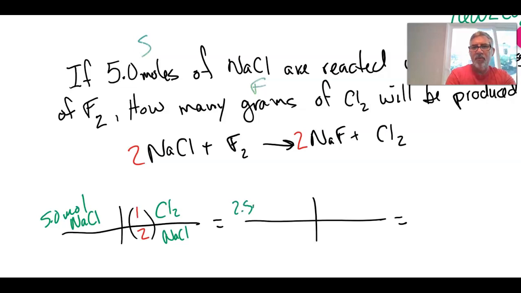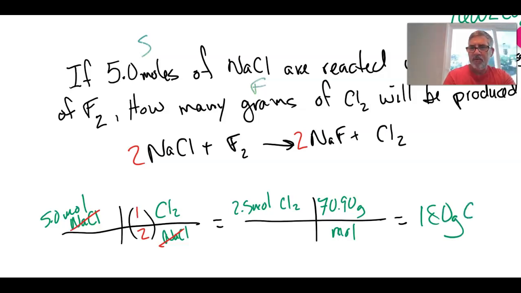So I get 2.5 moles of Cl2 because my sodium chloride cancels out. And now I want to go to mass. And my molar mass for Cl2 is 70.90 grams. When I multiply that, I get 180 grams of Cl2. All right, so that's it.